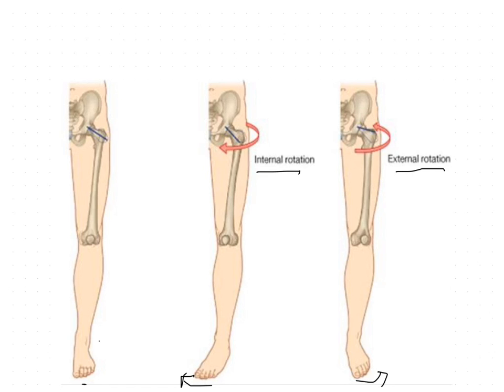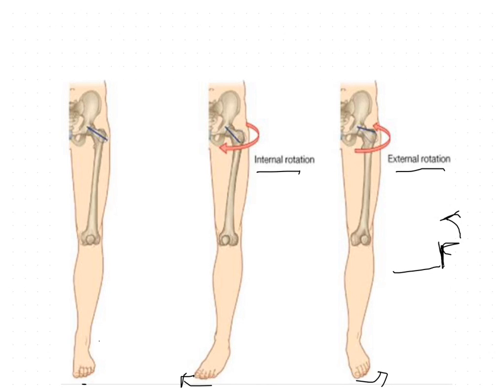Normally it is tested when the person is lying, the knee is flexed, and the hip joint is flexed at 90 degrees, and then they check for medial and lateral rotation. So normally the internal rotation range is smaller than the external rotation range.